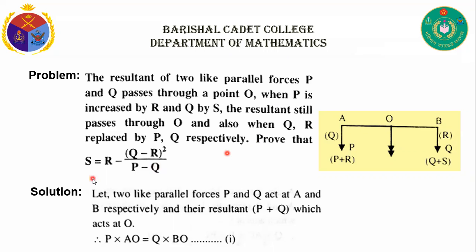So boys, first take two like parallel forces P and Q. For P and Q, the resultant acts at point O. So we can write P × AO = Q × BO.